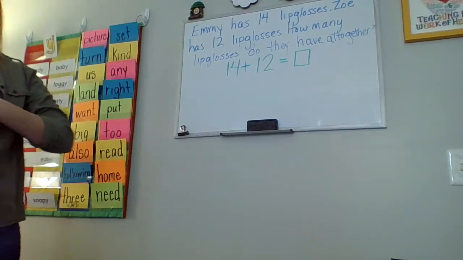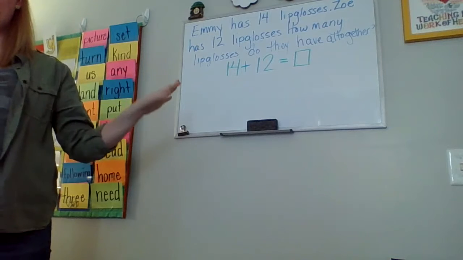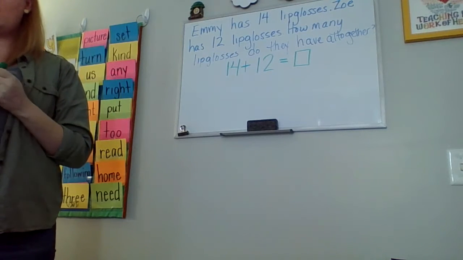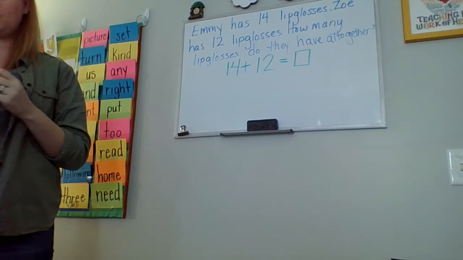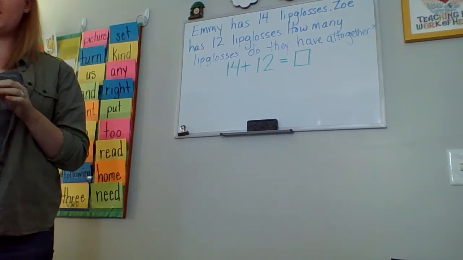When you got that equation, show it to me. When everyone has this equation written down, 14 plus 12 equals unknown, I'd like you to show it to me. Good Journey, good Gage, good Riley, good Zoe, good George, good Emmy, good Carson, good Darren, good Vita.